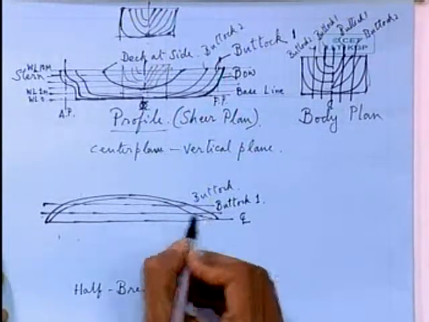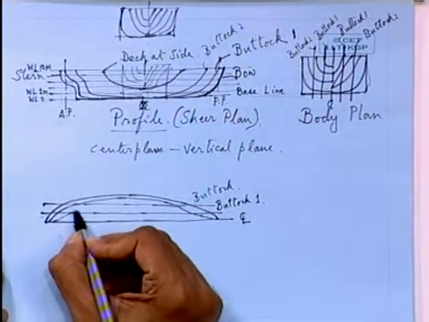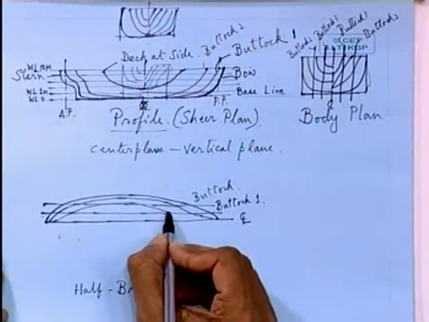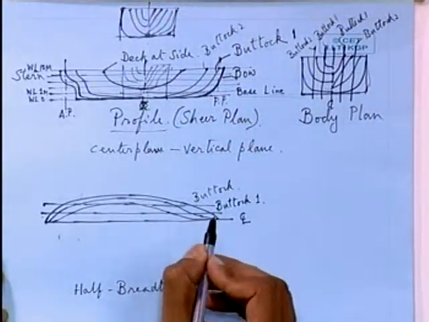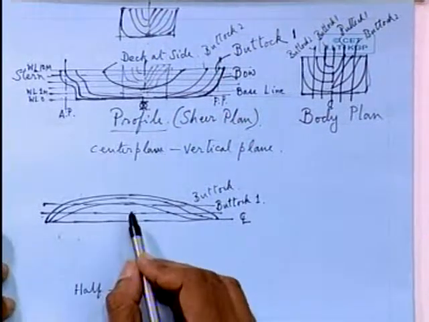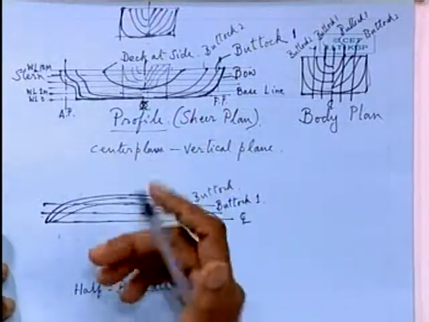So these are the different water lines. These water lines are nothing but the boundaries of the curves, which are the intersections of the horizontal plane with the hull form.